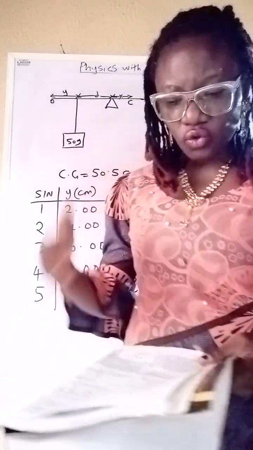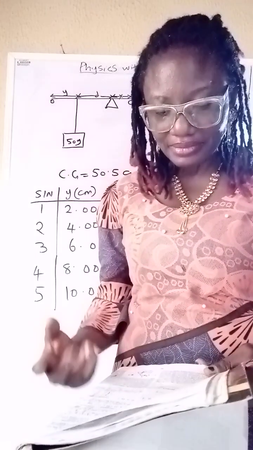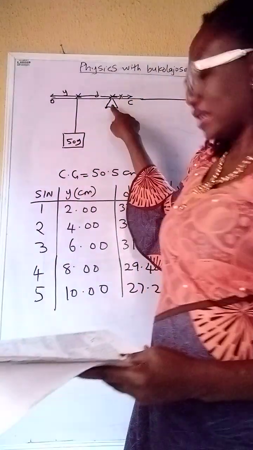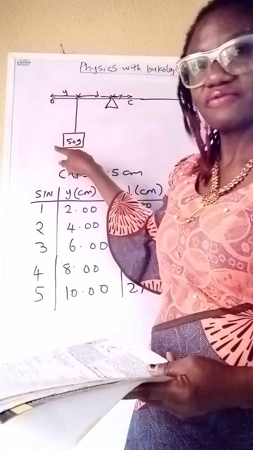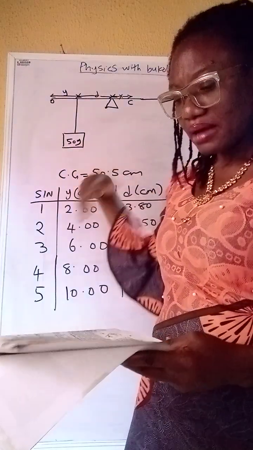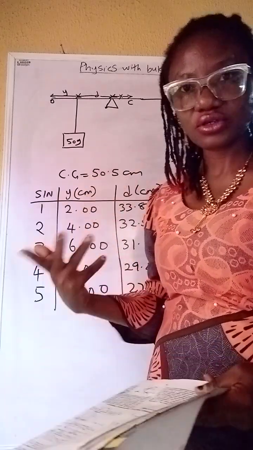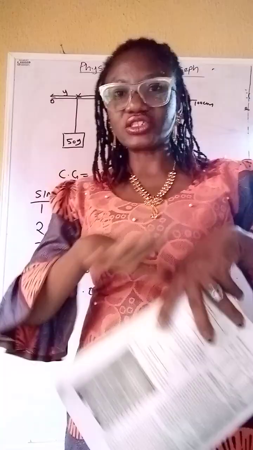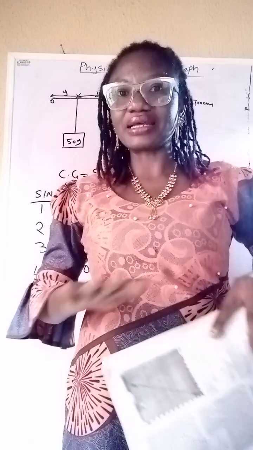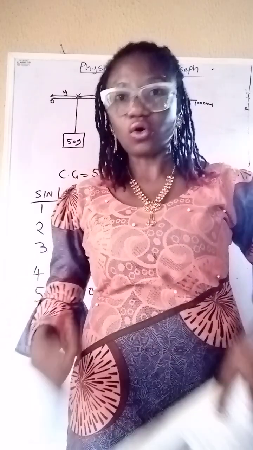Let's do this. You are provided with a meter rule, a knife edge, and a mass of 50 gram. This is the mass of 50 gram. Balance the meter rule on the knife edge and record the scale mark C. So you are expected to find the CG of the meter rule by balancing it on a pivot or knife edge.